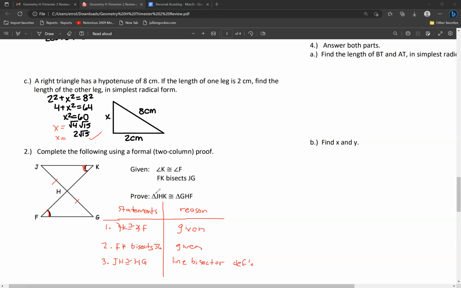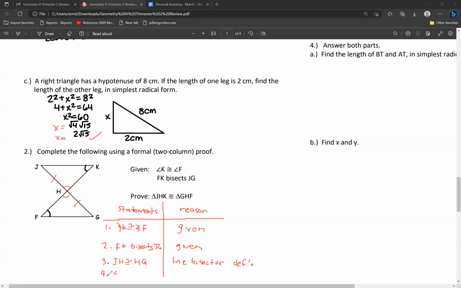Okay, so we're trying to prove that the top triangle JHK is congruent to the one on the bottom. What else can we say? Angle JHK and GHF are vertical angles, and they're equal to each other, right?